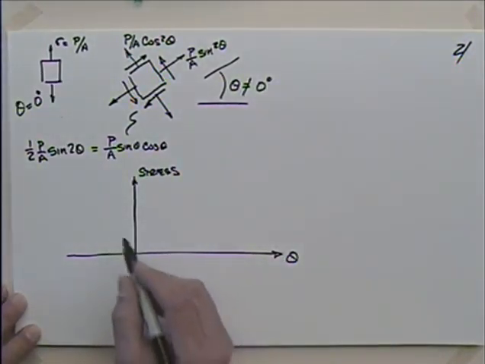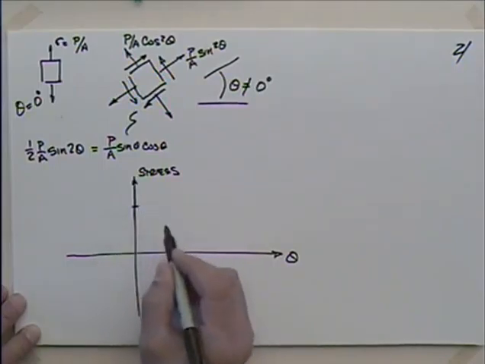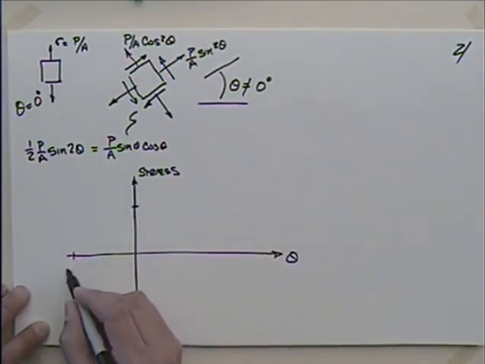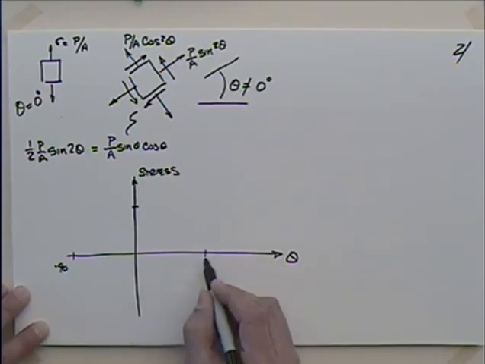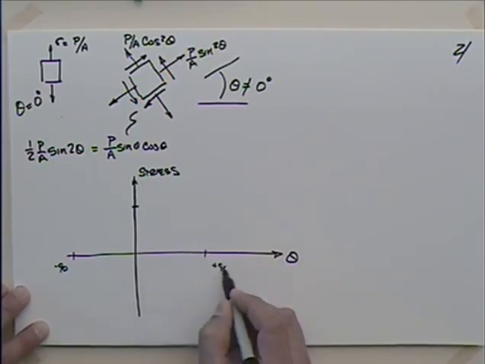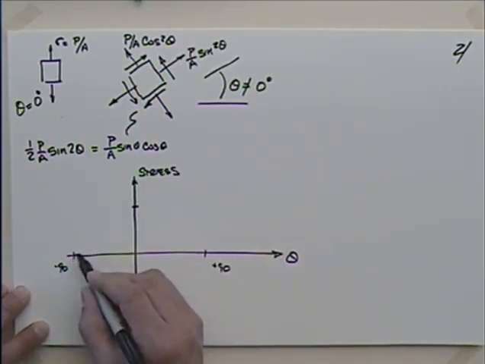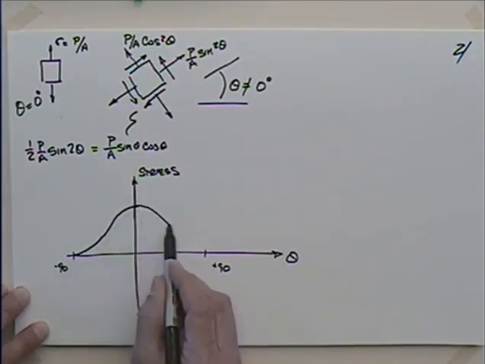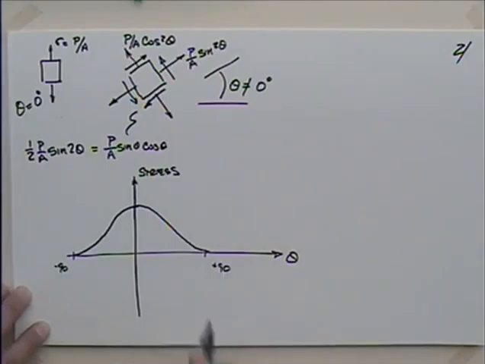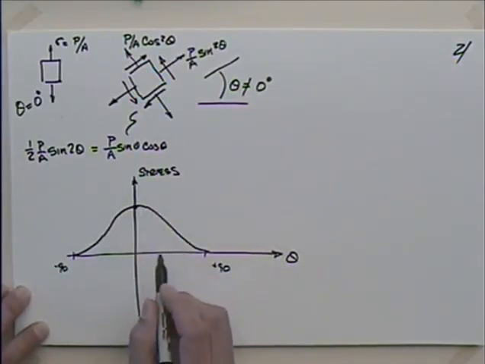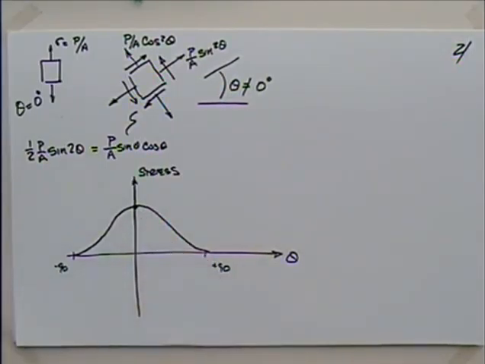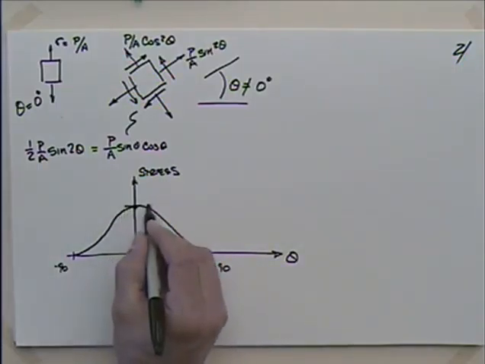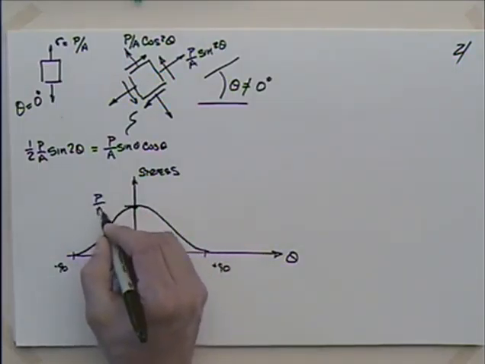But if theta is equal to 0 degrees, we get a maximum normal stress. So if I go from minus 90 to positive 90, I'm going to come up with something that looks like that. Seems to make sense. We get our maximum normal stress right there.